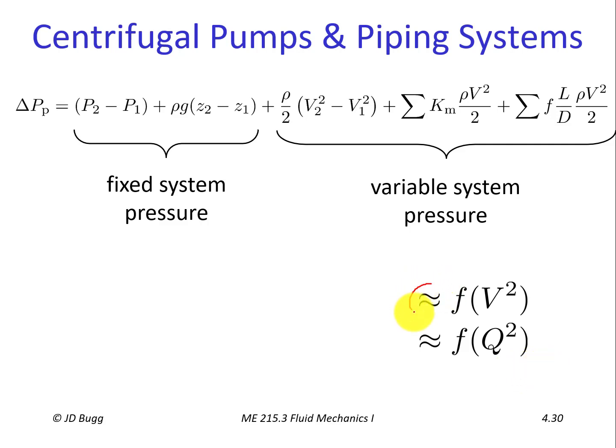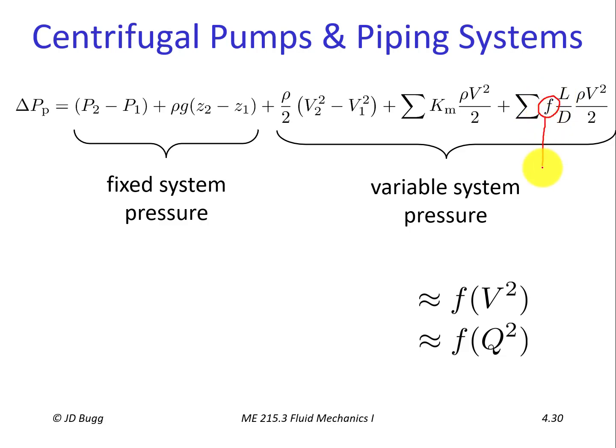Now, why here do we say approximately? Well, if we look at the kinetic energy term, it's definitely a function of V squared. There's nothing approximate about that, because remember, density is constant. Same thing with the minor loss term. It's definitely a function of V squared, because this K is a constant. But the pipe friction term, remember this friction factor is actually a function of two things.